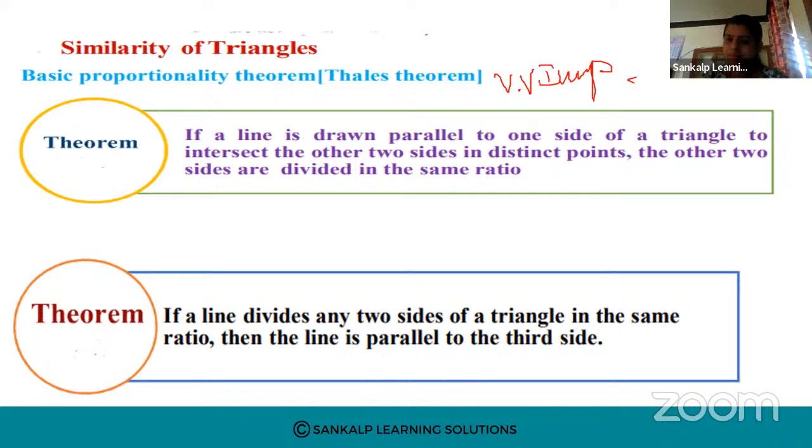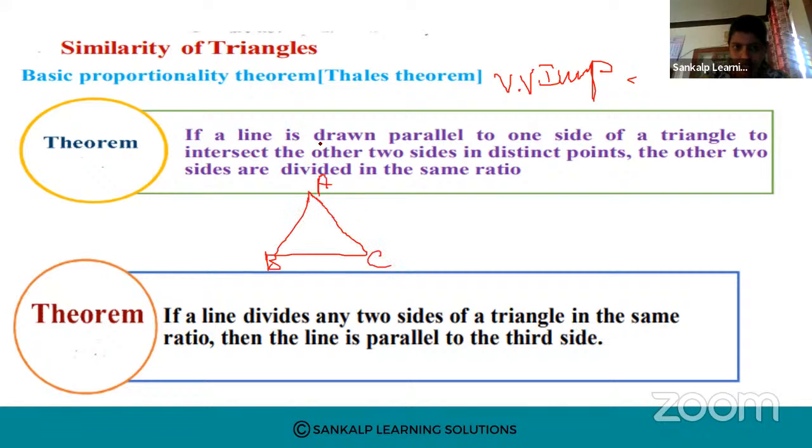See, if a line is drawn parallel to one side of a triangle to intersect the other two sides in distinct points, the other two sides are divided in the same ratio. Here, if you consider one triangle, see, this is triangle ABC.